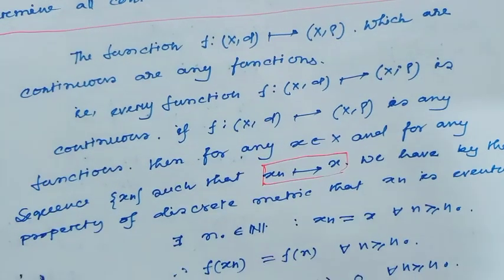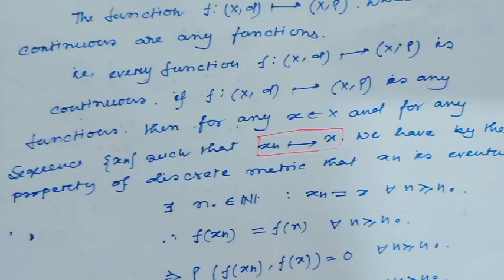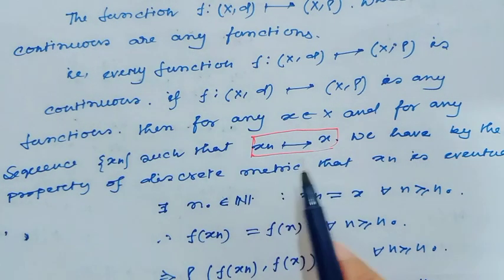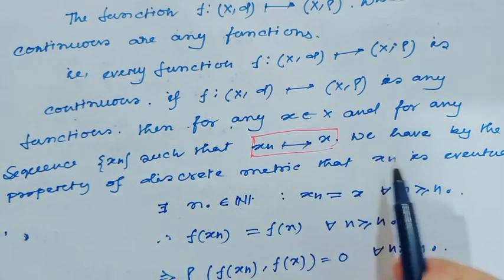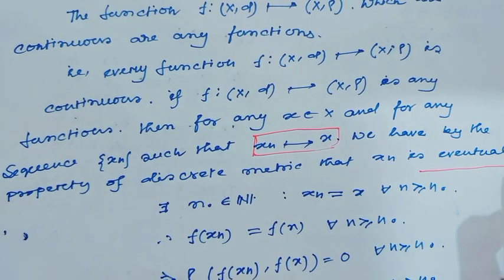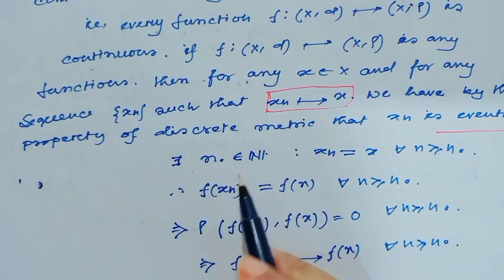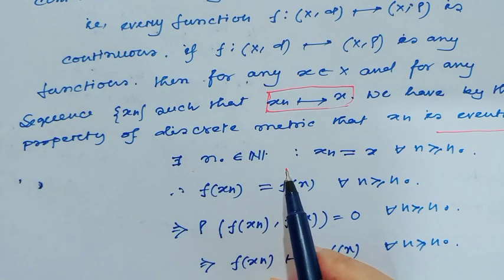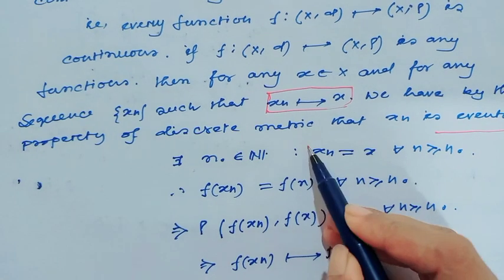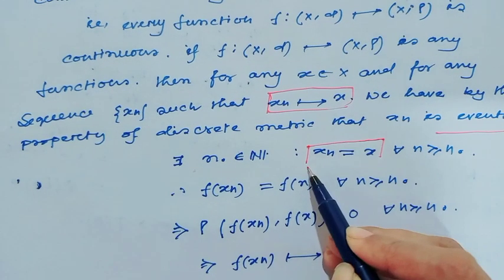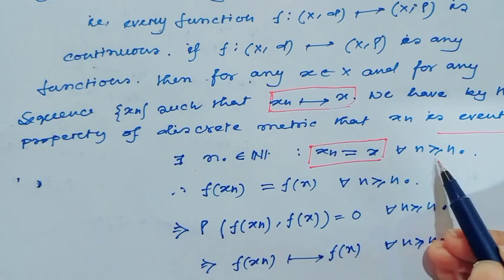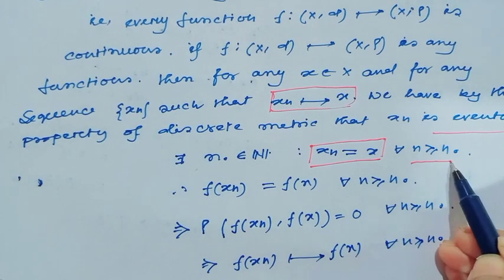in discrete metric space, we all know xn converges to x means xn is eventually equal to x. That means there exists n naught belonging to the natural numbers such that xn equals x, and this is true for all n greater than or equal to n naught.